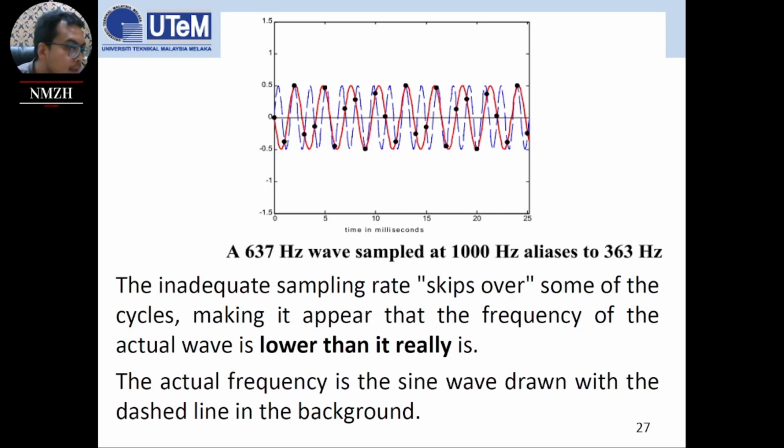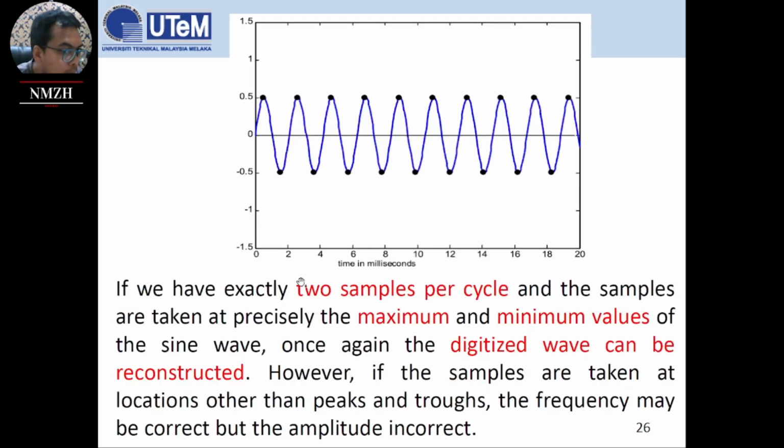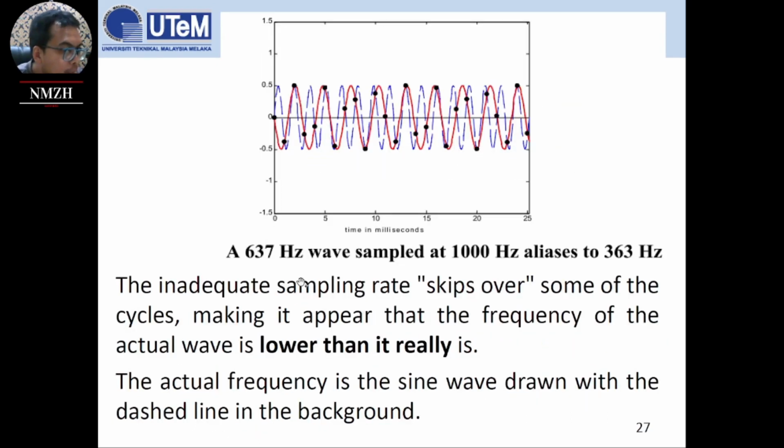This is reflected in the 2 samples per cycle. Imagine this one is 2, this one is 2. Skip over some cycles: this is okay still, but this component has been skipped, guys.